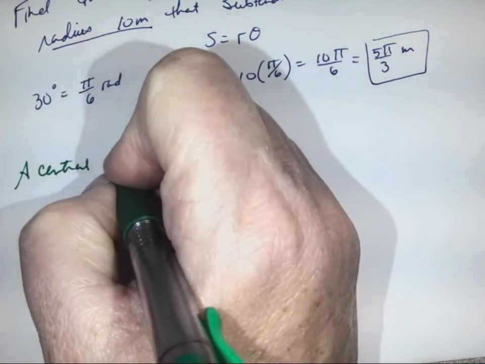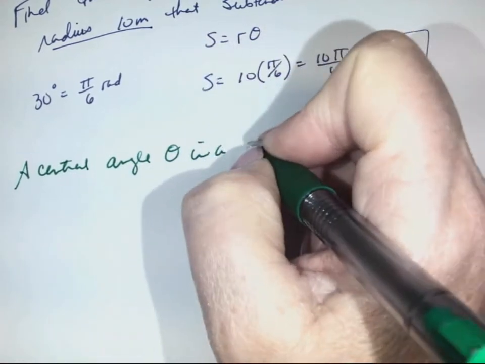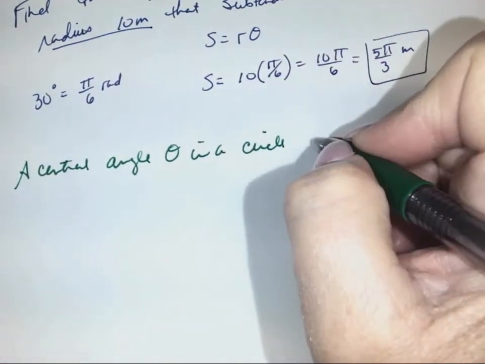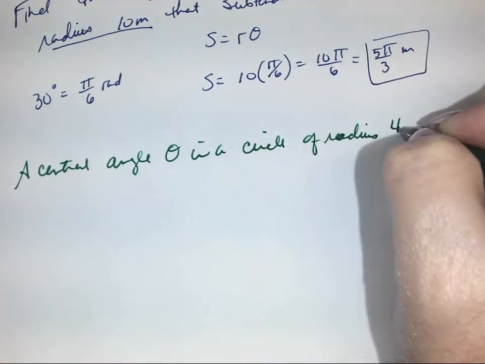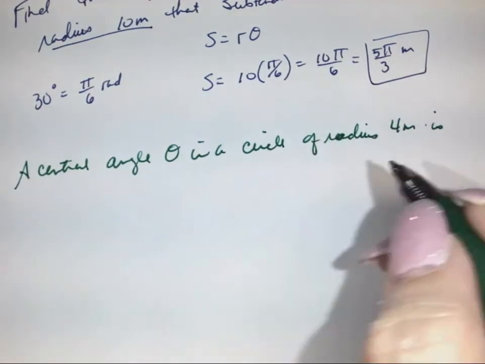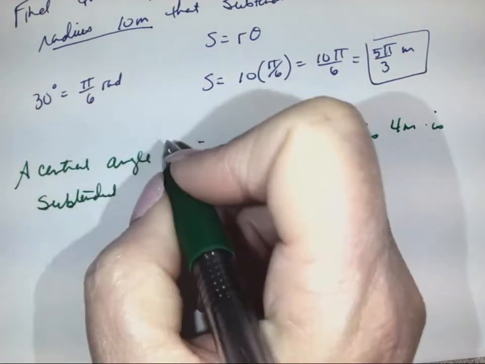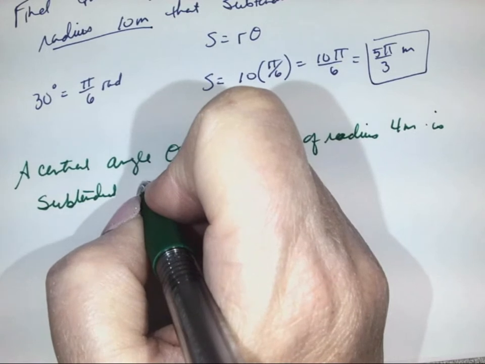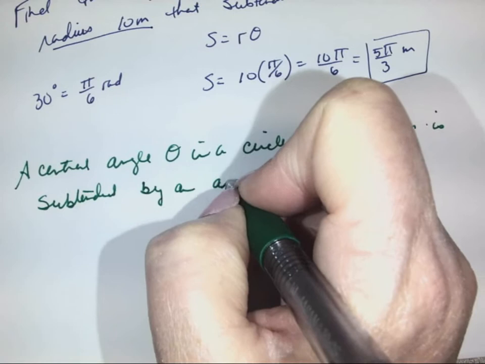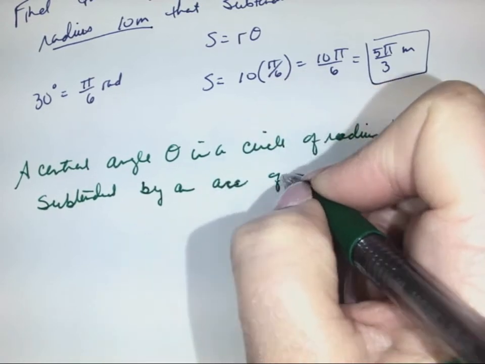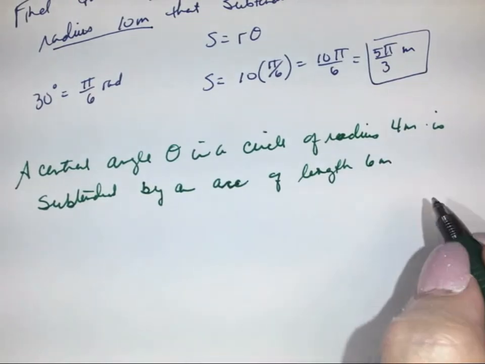So a central angle of theta in a circle of radius 4 meters is subtended or opposite of by an arc of length of 6 meters.